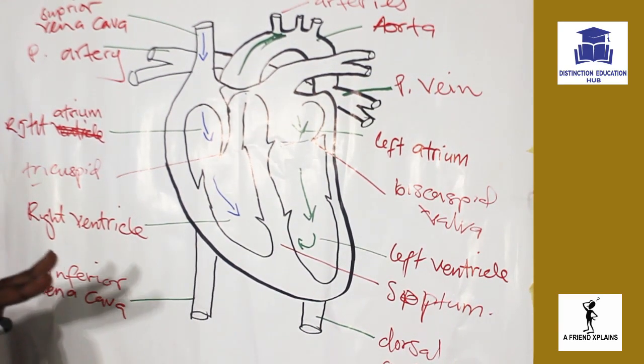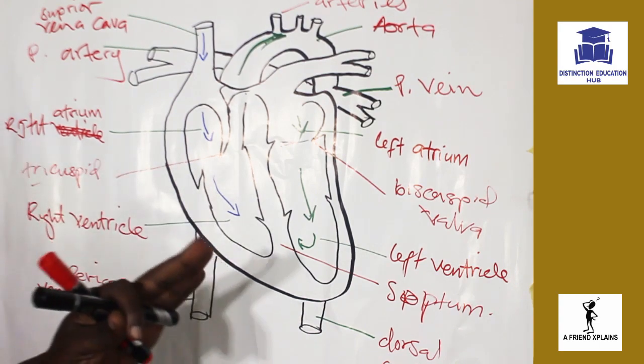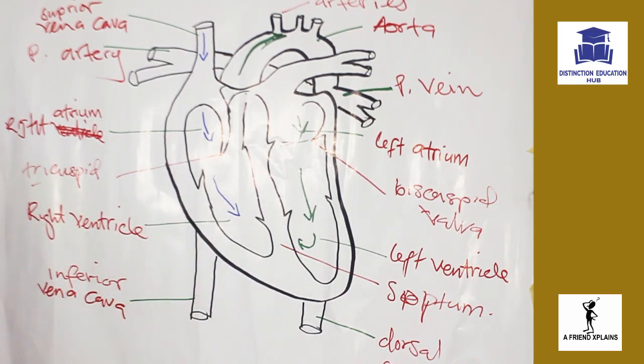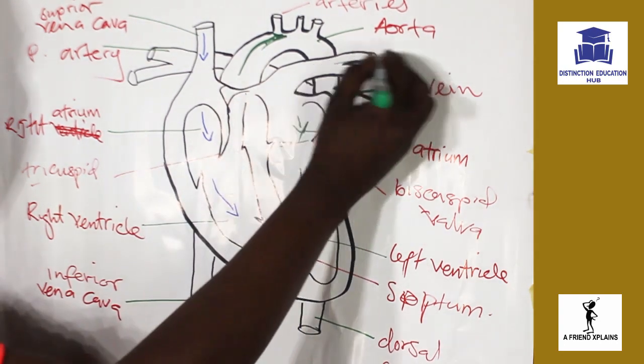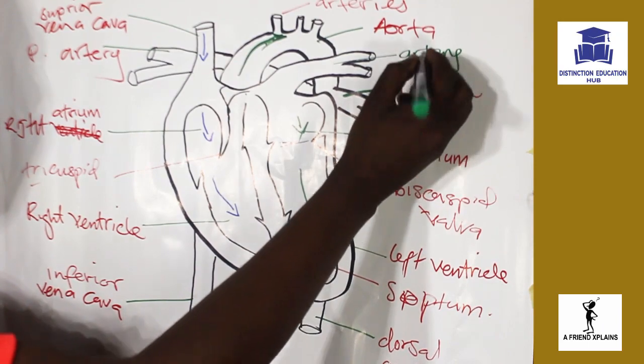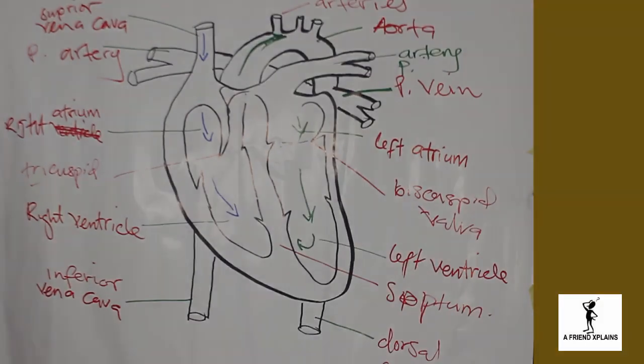You appreciate the structure of the heart, know how to label a simple heart, know how to draw a simple internal structure of the heart, just like I've demonstrated here. So you have to know just how to do that. If maybe this one is not so clear, this is the pulmonary artery, the P artery also. So that's the thing that you needed to do, and that's how a basic structure of the heart looks like.